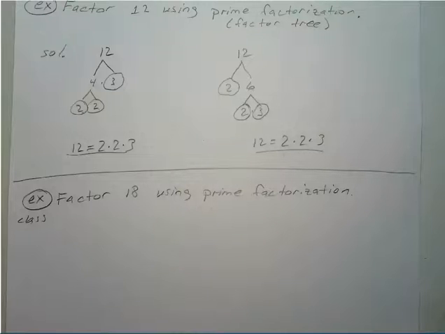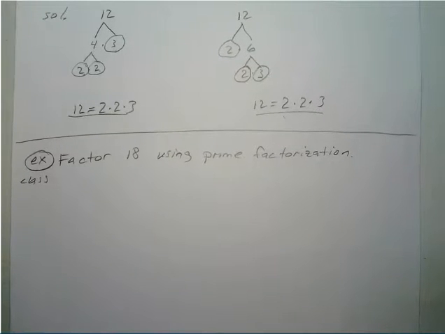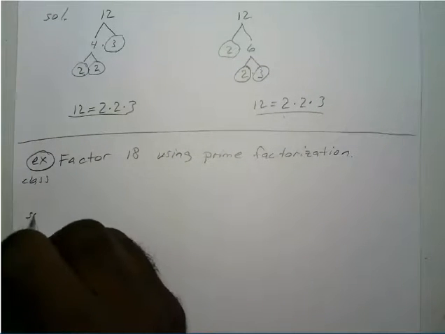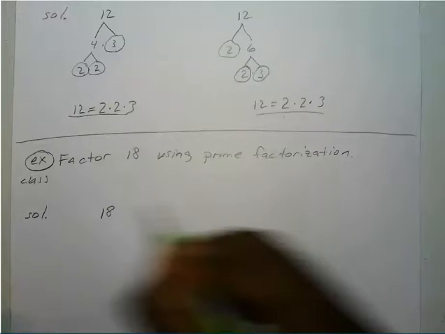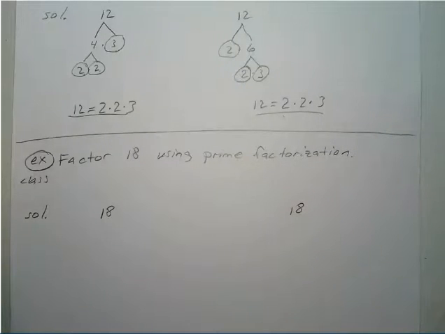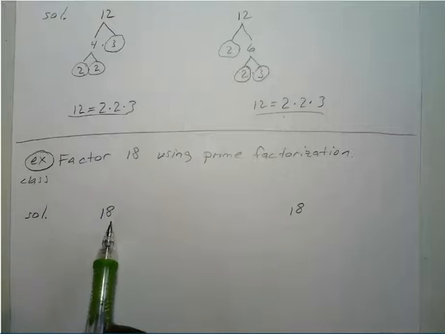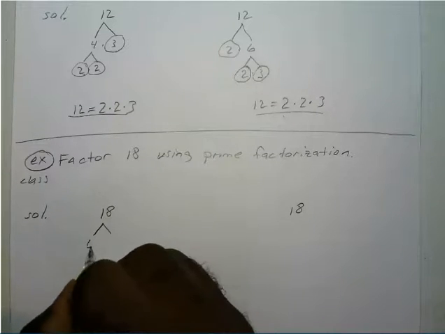All right, so I'm assuming that you've gone ahead and solved this one. Let's go ahead and verify your answers. I'm going to do this one twice just to see which way you started. For this one, 18, we're going to break that down to 6 times 3.